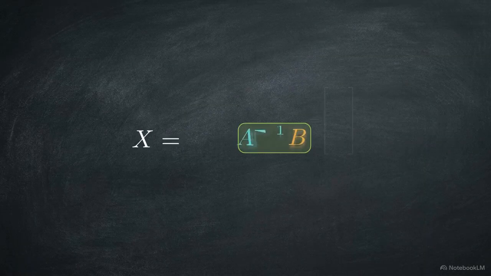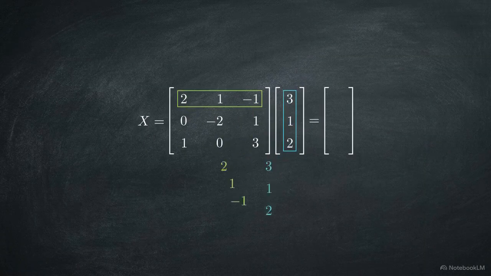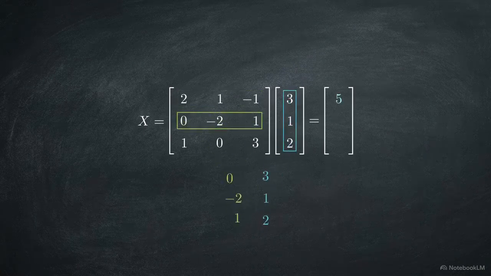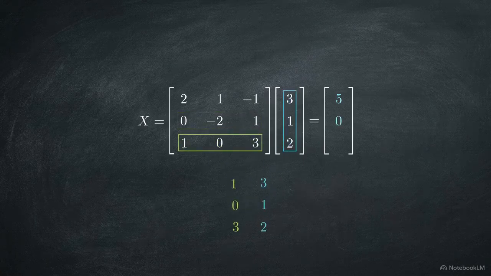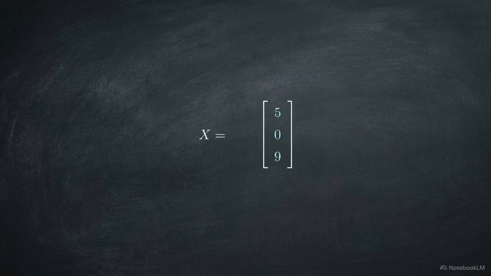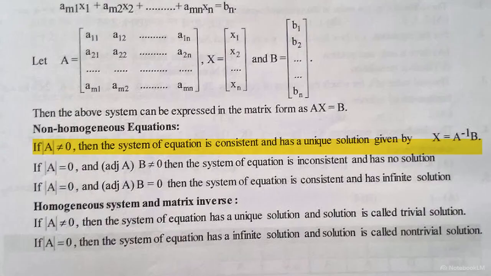We turn to the right side of the equation, where the inverse matrix is now multiplying against the constants vector b. The horizontal rows of our inverse matrix sweep through the single vertical column of b, executing a directional dot product calculation. As this non-homogeneous equations rule confirms, this final operation compresses the structure down to a unique solution, equal directly to x.